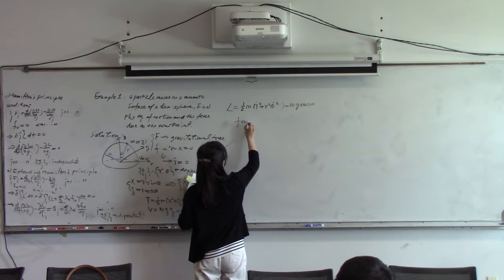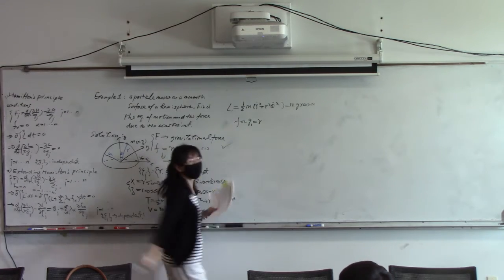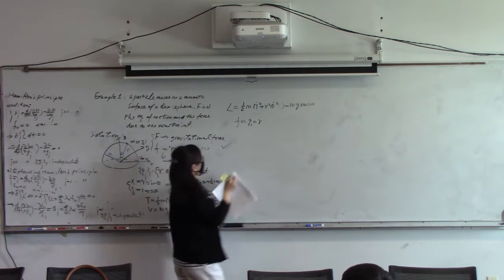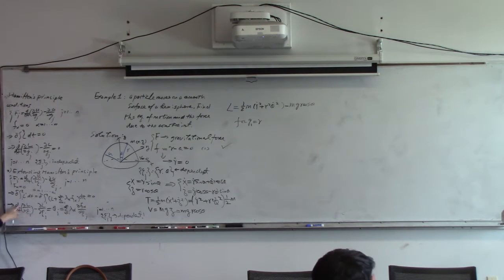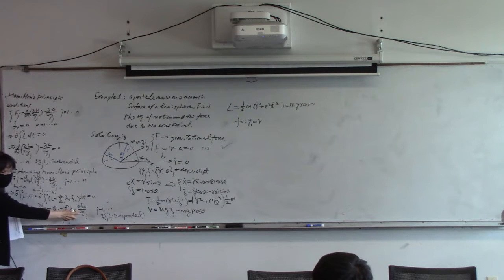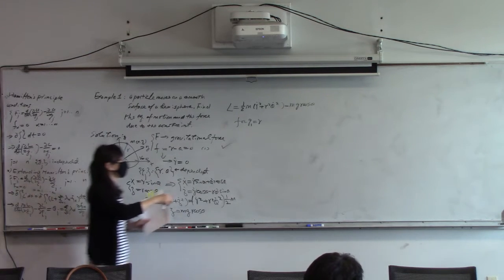First, for q1 equal to R, I'm going to say that is the first generalized coordinate. Since we are going to apply this, we first need to do the partial L, partial q_j dot, and partial L, partial q_j, each term. Then we put into the equation, right?